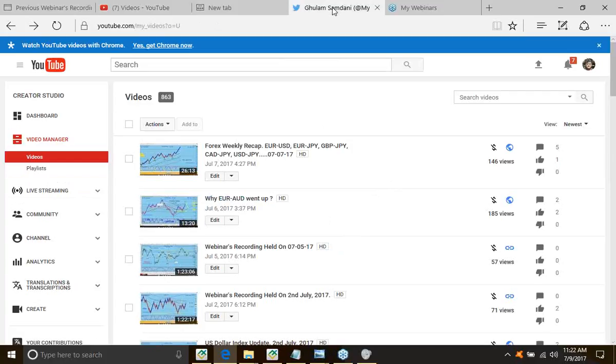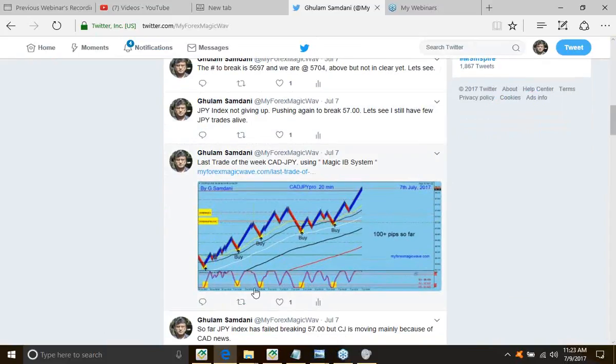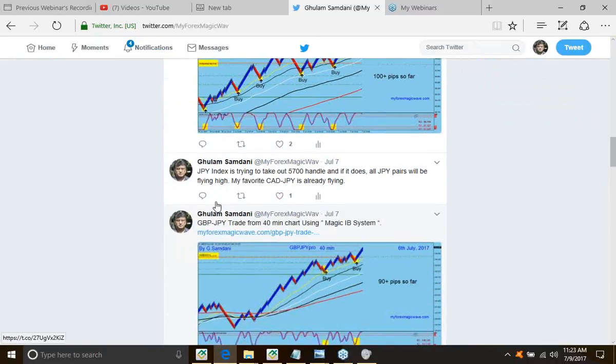On top of that, I have a Twitter account where I tweet on a daily basis what's happening. And for example, here you see July 7th, I said the yen index not giving up, pushing again to break this area. And if that happens, all the yen pairs are going to go up. Okay, posting my charts and giving you heads up what's happening and what to expect on the Twitter constantly.